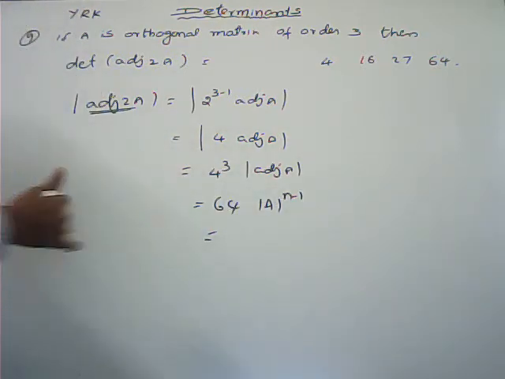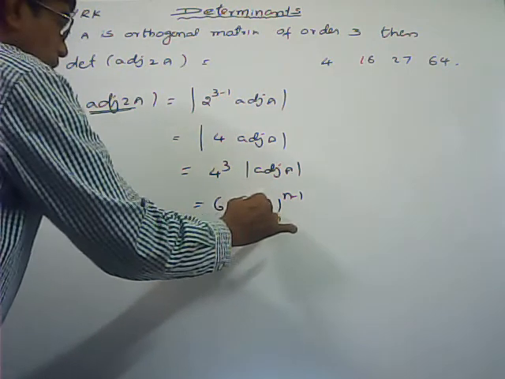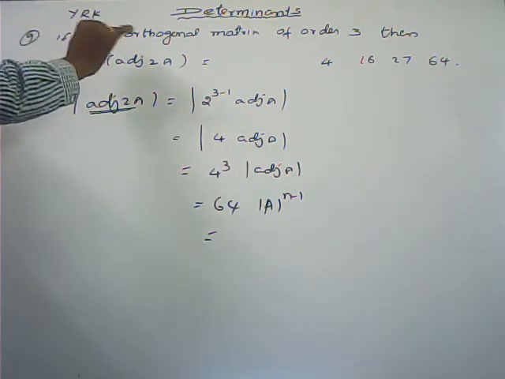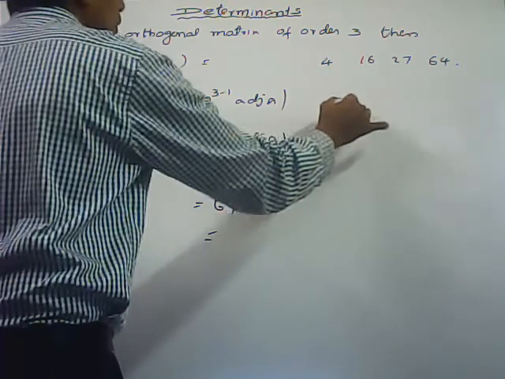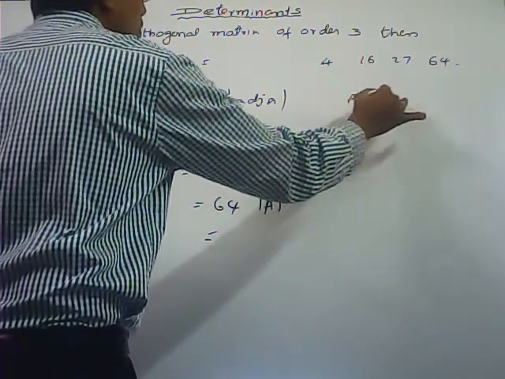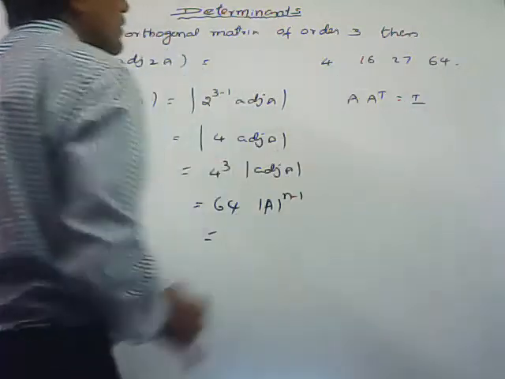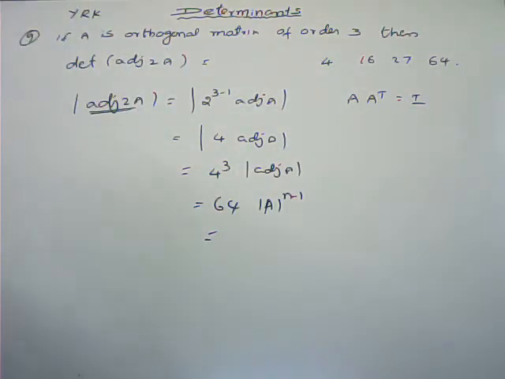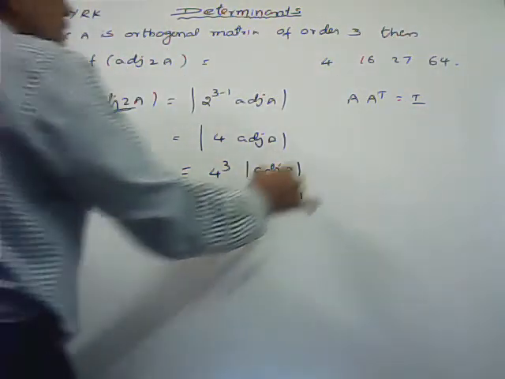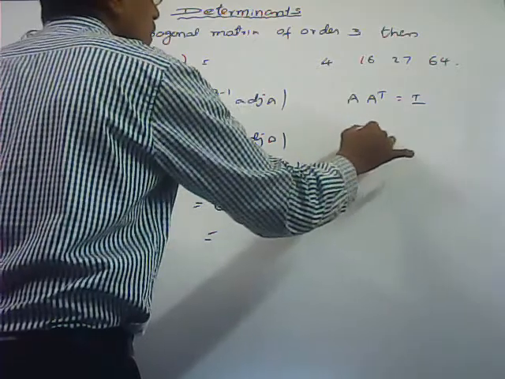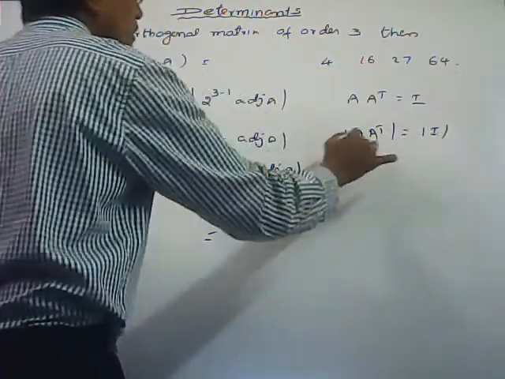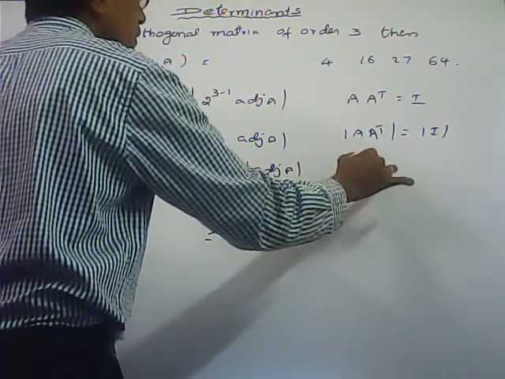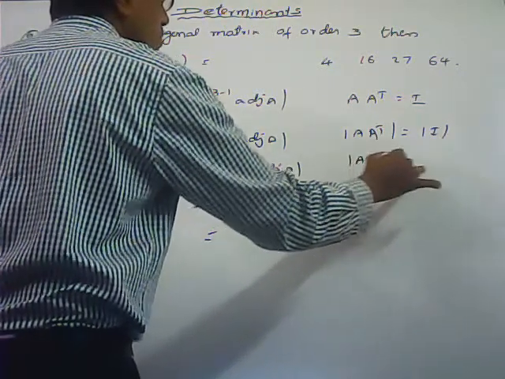But here how to know that det A value? Directly not given. But here one hint is given. A is the orthogonal matrix. If A is the orthogonal matrix, A into A transpose is equals to I. If I take determinant on both sides, det of A into B is det A into det B, so det A into det A transpose.